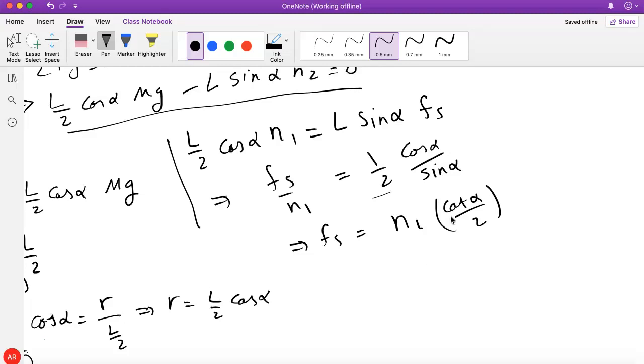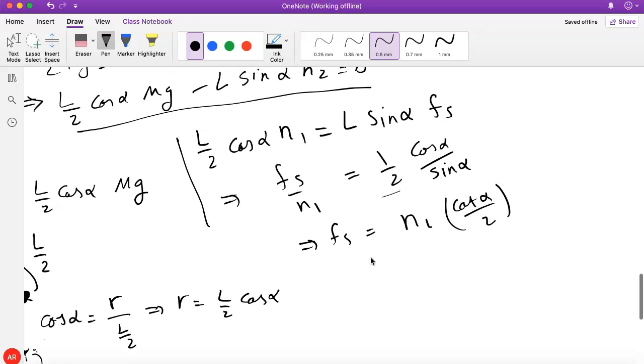Because if you have a smaller mu s than cotangent alpha over 2, the maximum Fs you can get is going to be smaller than N1 cotangent alpha over 2, and we cannot satisfy this requirement of static equilibrium. So we're done.